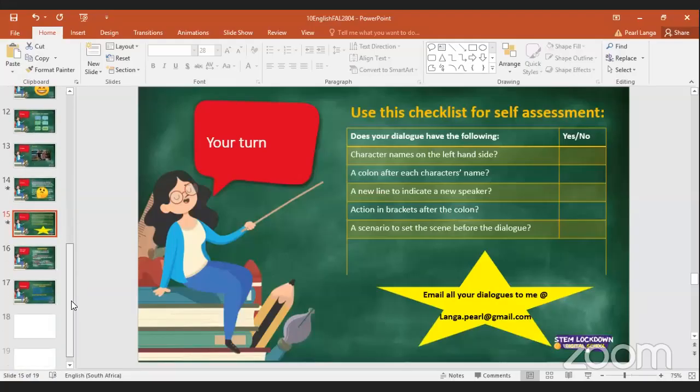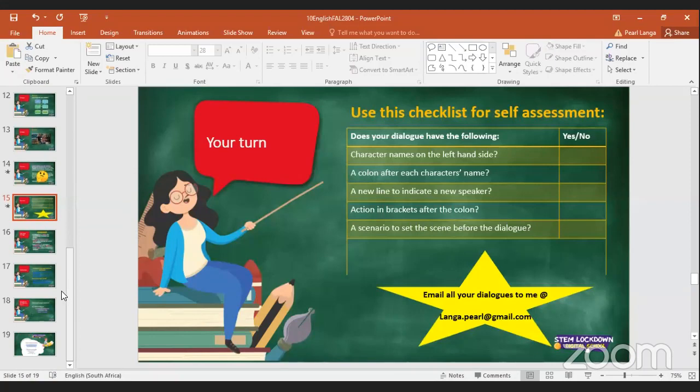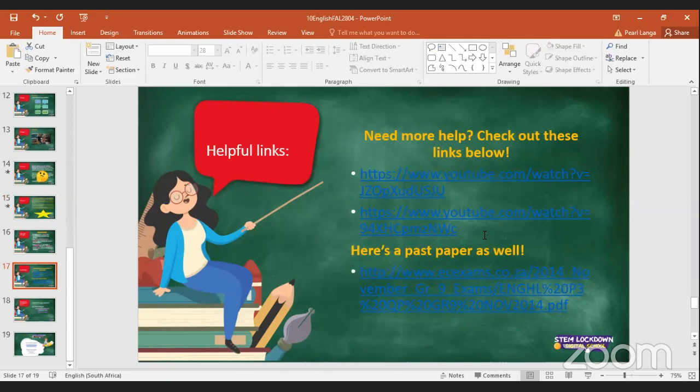Okay, now let's tie up the loose ends of my lesson. If you need more help, you can check out the links below. The first two links are a PowerPoint presentation talking about dialogues and how to write a dialogue and why we write dialogue. And the last one, a past paper here, is a paper 3 from grade 9.